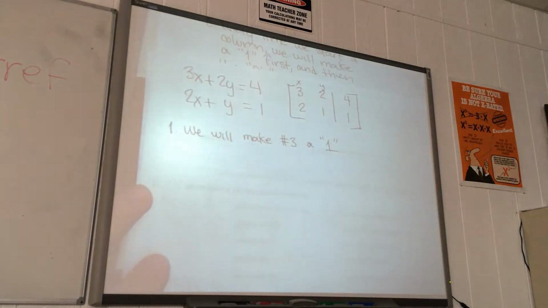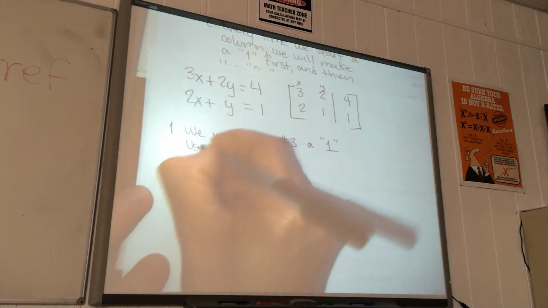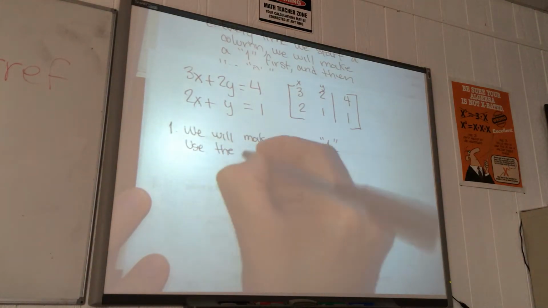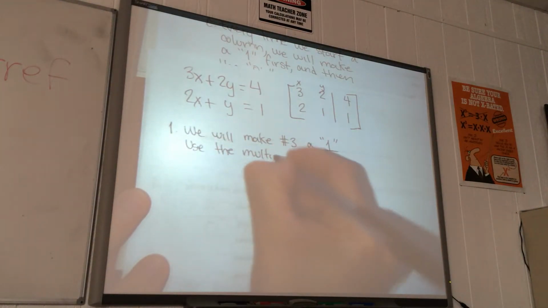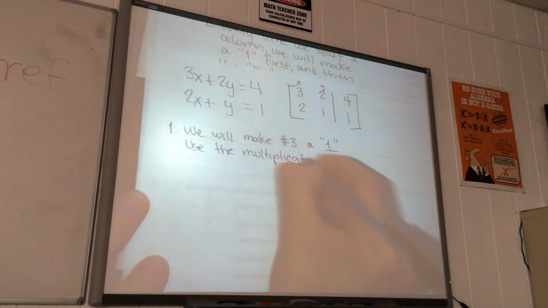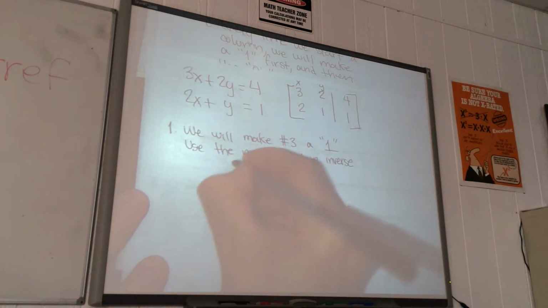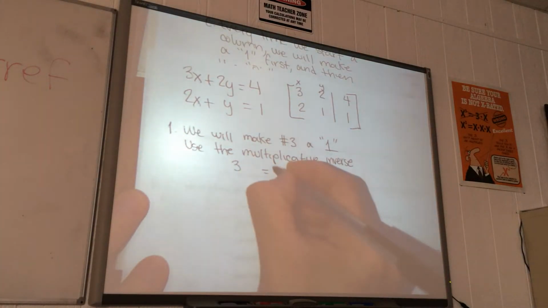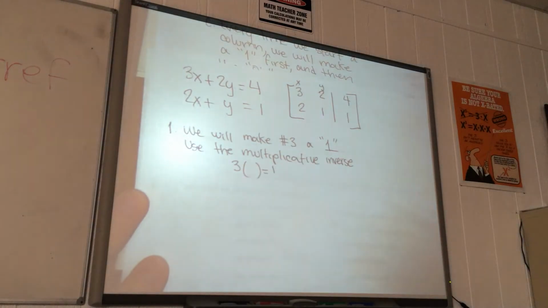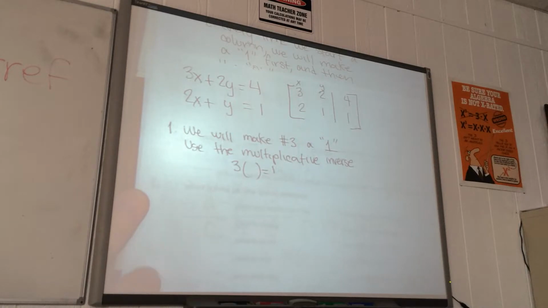So to do that, we're going to use the multiplicative inverse. So if we have a 3 and we want to turn it into a 1, what do we need to multiply 3 by? Not 0.3. Well, how about as a fraction? 1/3.